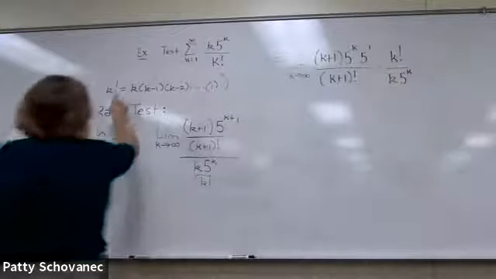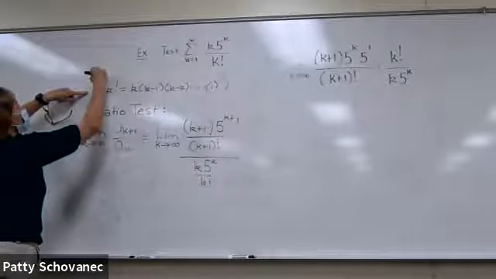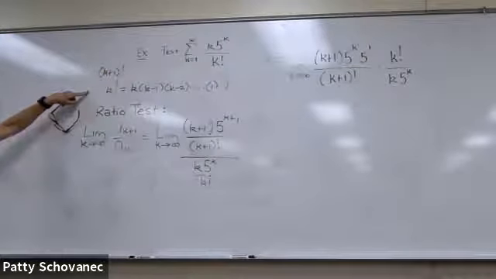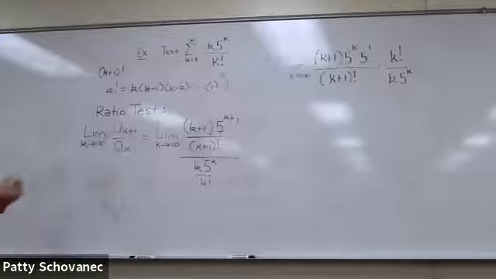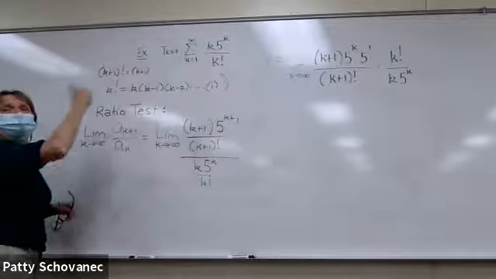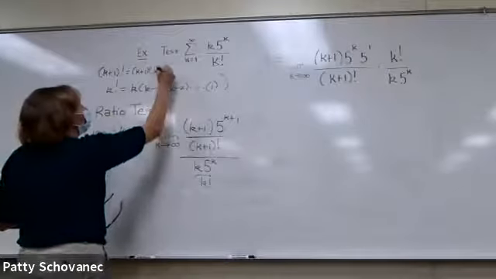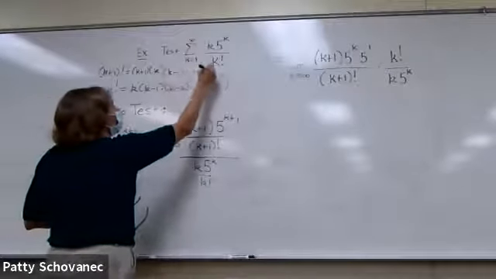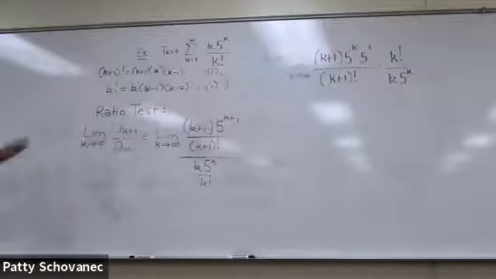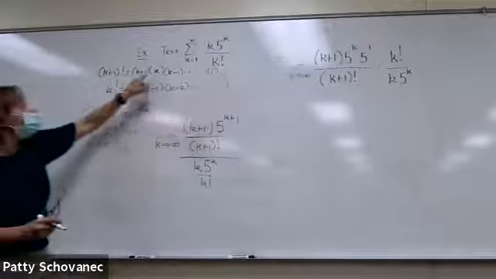There's k factorial. What does k plus 1 factorial look like? k plus 1 times k times k minus 1. I'll have my k plus 1 term here. Then I go one integer smaller, which gives me a k. And then that gives me all the rest of these guys. So k plus 1 factorial is k factorial multiplied by k plus 1.